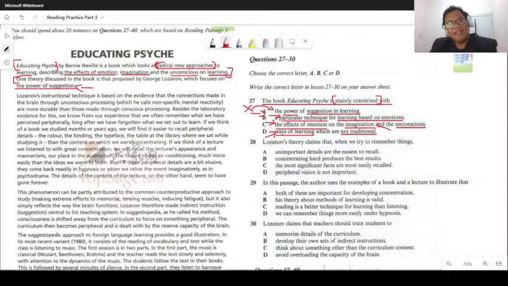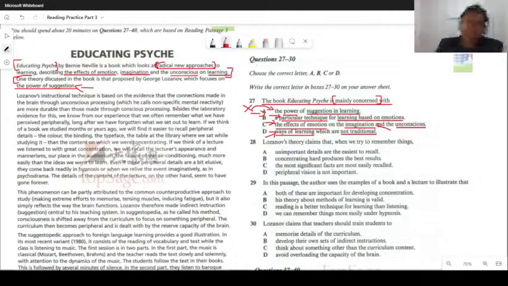Now, let's take a look at the rest. The rest are all in the topic sentence, a particular technique for learning based on emotions. Now, the most important thing here is, remember, the concept and principle is more or less the same. The answer should contain the complete set of the keywords in terms of meaning and connection.